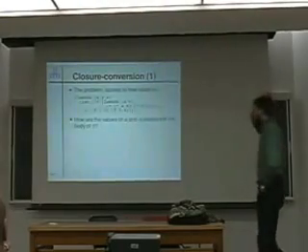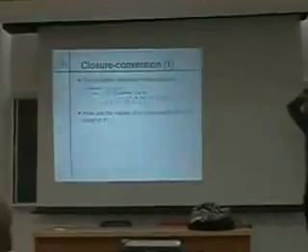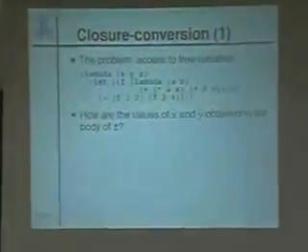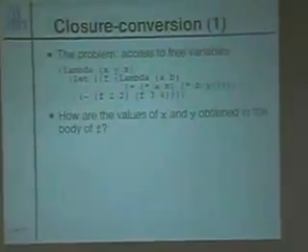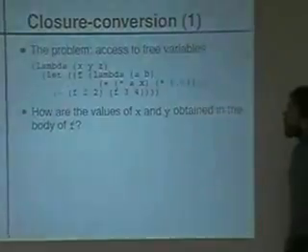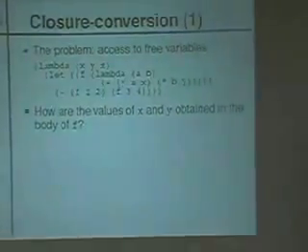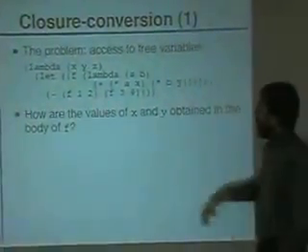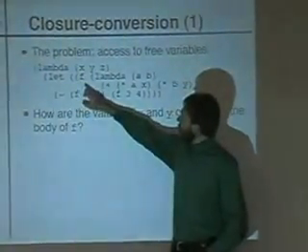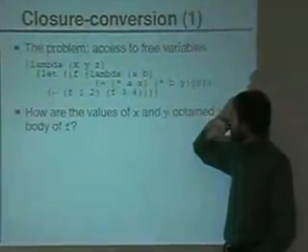Okay, so let's look at the first problem of closure conversion. Well, closure conversion is a solution. The problem is access to free variables. So in this example, we have a function that takes three parameters x, y, and z. And in its body, it defines another function f with two parameters a and b.